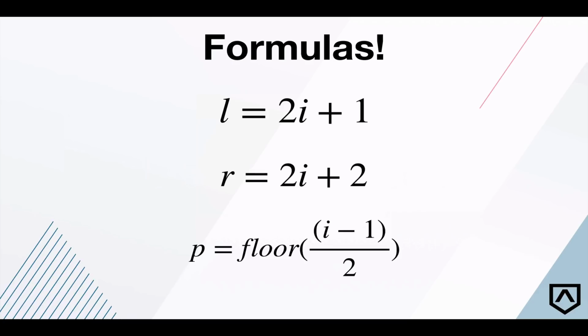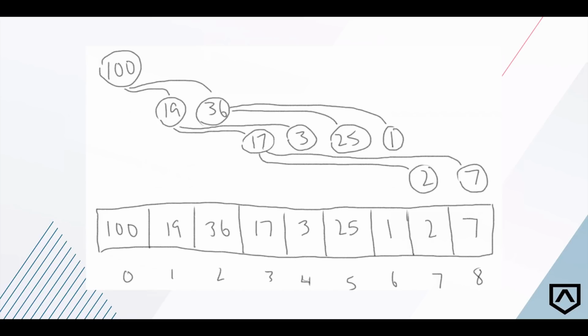So you might think, this is really weird. Where do these come from? Well, it turns out that when we take the tree representation, we can just lay it out in an array. If we go back to the tree representation we had of our heap, we can have the root of the tree go in the 0th index of the array, and then go down the binary tree in layers from left to right.